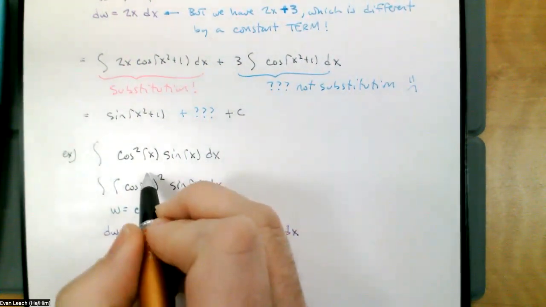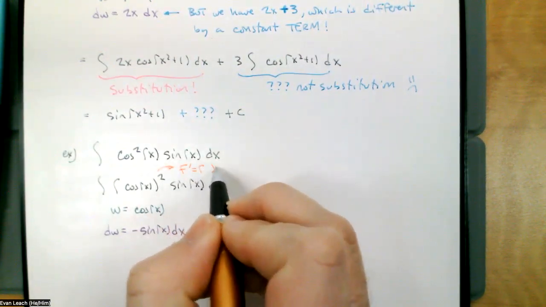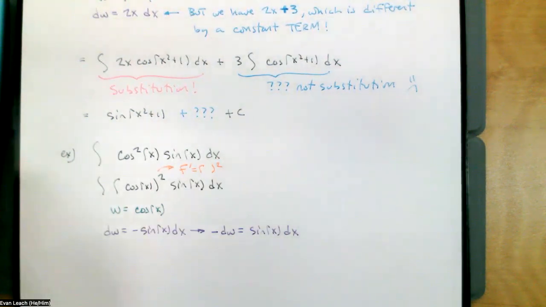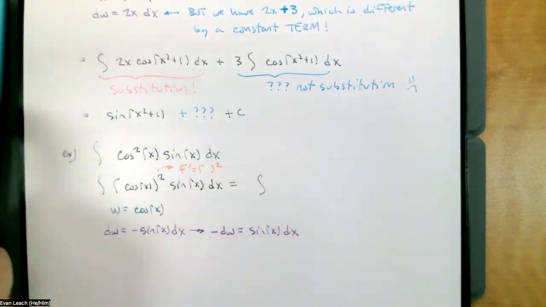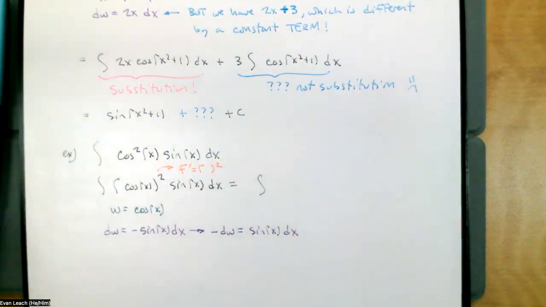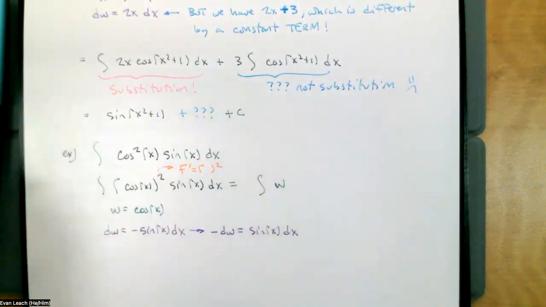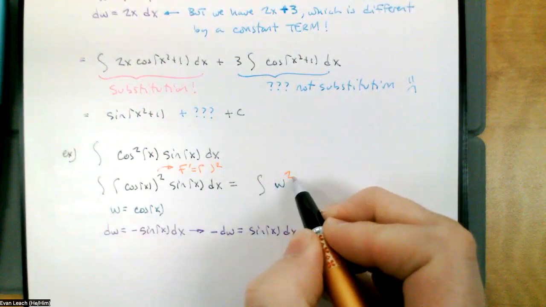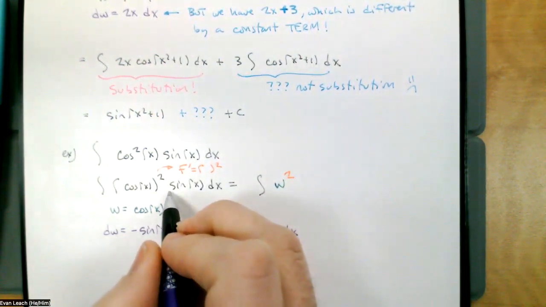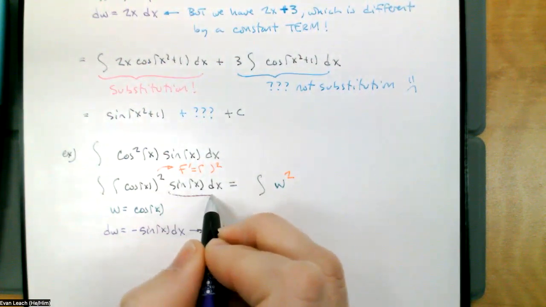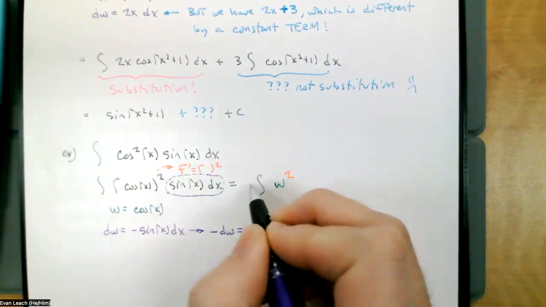Oh, and our outside function, the thing that we're actually integrating, is something squared. So we're integrating w squared. There's our inside. Here's what's happening to it. And then sine x dx is going to be replaced with a minus and the dw.